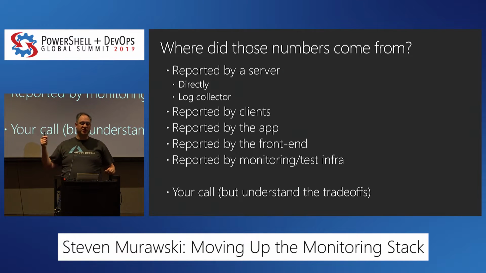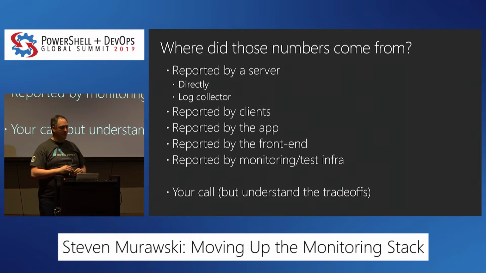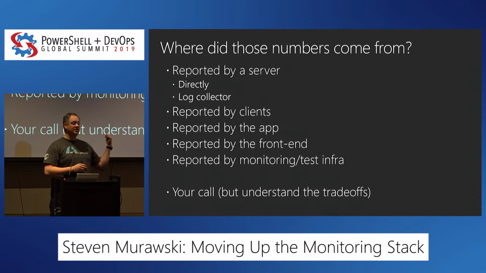It may be easier to get those HTTP stats from our load balancer than trying to collect and upload them from all the client devices, or instrumenting the application with JavaScript to report that back. And guess what? If our load balancer's got problems, our data reporting on our metrics is probably going to have problems too, right? So there are trade-offs from where we're going to capture these bits of information.